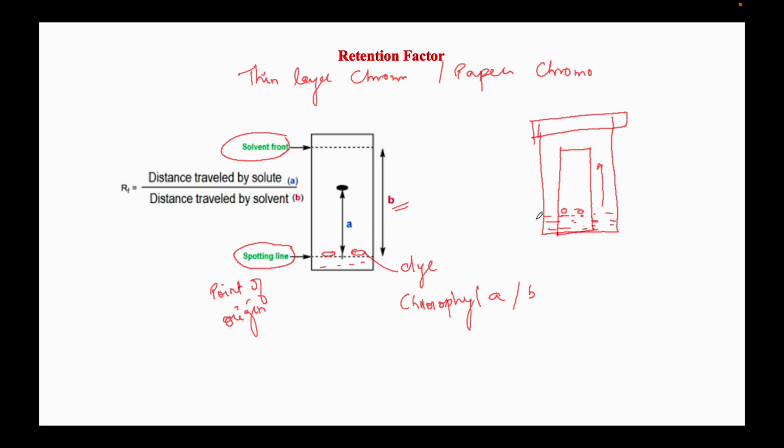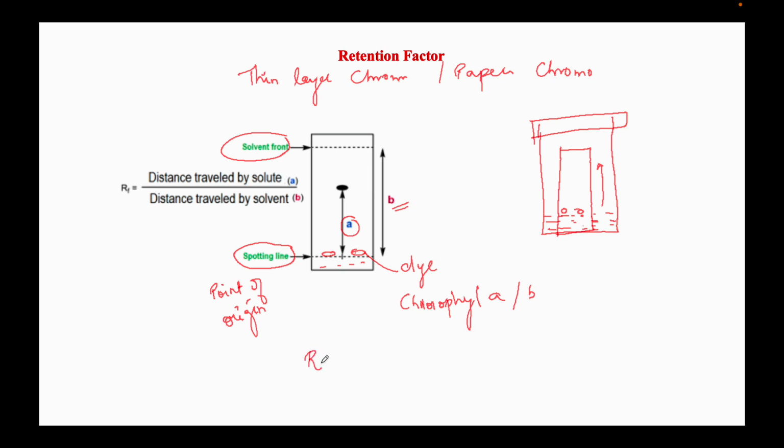After putting it in, the dye will travel along with the solvent front, and it will travel a distance known as A. So the retention factor formula is distance traveled by solute A upon distance traveled by solvent B. Very simple.